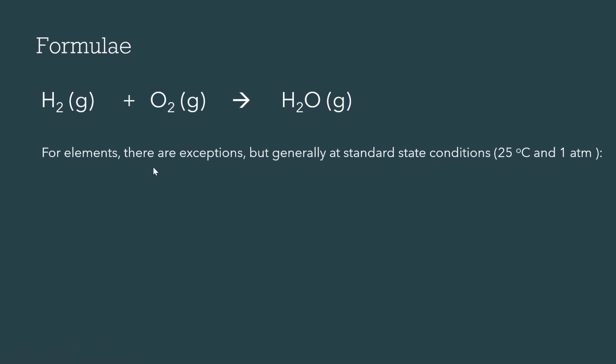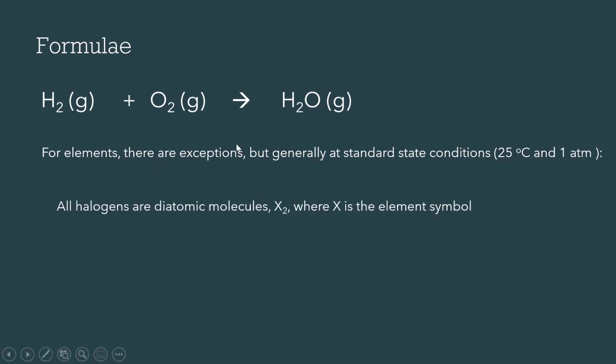In general, we're writing the formulas for the elements as they would exist under standard state conditions. This would be 25 degrees Celsius and 1 atmosphere of pressure. 1 atmosphere is the pressure at sea level. Under these conditions, halogens usually exist as diatomic molecules. Di means 2, so diatomic molecules means molecules that contains 2 atoms.